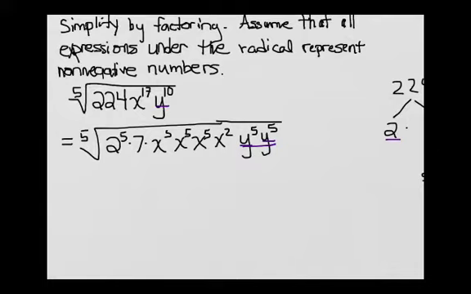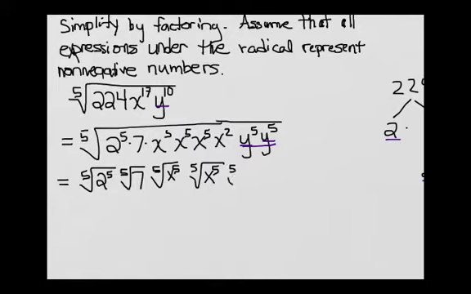And now we're going to rewrite this, breaking up the different factors into radicals. So this is the 5th root of 2 to the 5th times the 5th root of 7 times the 5th root of x to the 5th times the 5th root of x to the 5th times the 5th root of x to the 5th times the 5th root of x squared times the 5th root of y to the 5th times the 5th root of y to the 5th.